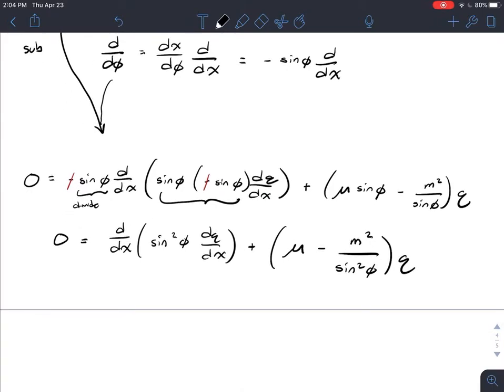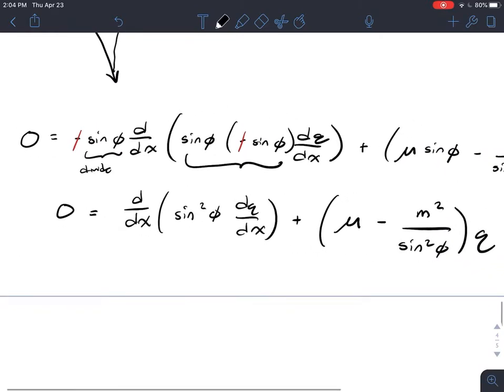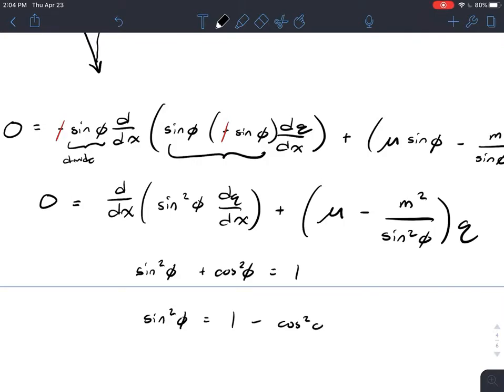So the last step we need to take is a substitution for sine squared here, such that we get everything in terms of x. So remember the relationship that sine squared phi plus cosine squared phi is equal to 1. If we solve for sine squared phi, it is equal to 1 minus cosine squared phi.